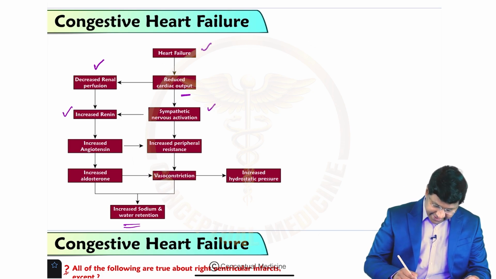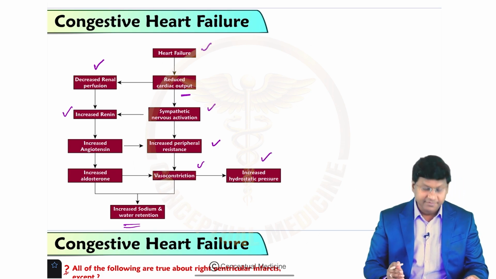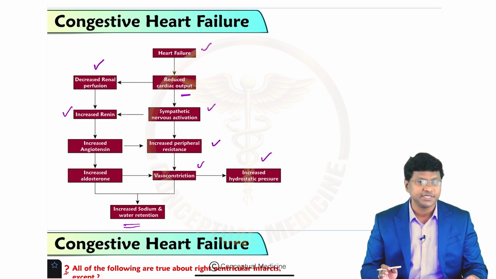sympathetic nervous system, and there will be increased peripheral resistance, and there will be vasoconstriction, increasing the hydrostatic pressure within the individual.